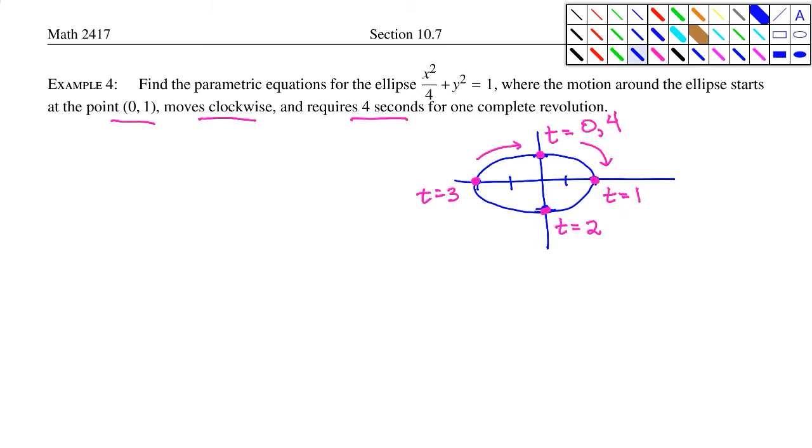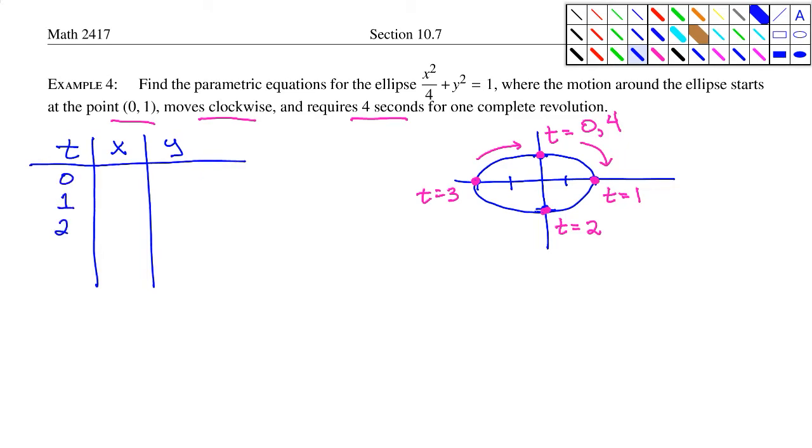So let's go ahead and break down the table of values that we need to use in this problem. For time going 0, 1, 2, 3, and 4, we know what the x values are going to be. Since it starts at the top, the x is 0. It moves around clockwise to where x is 2, then back to 0, then to -2, and then to 0.